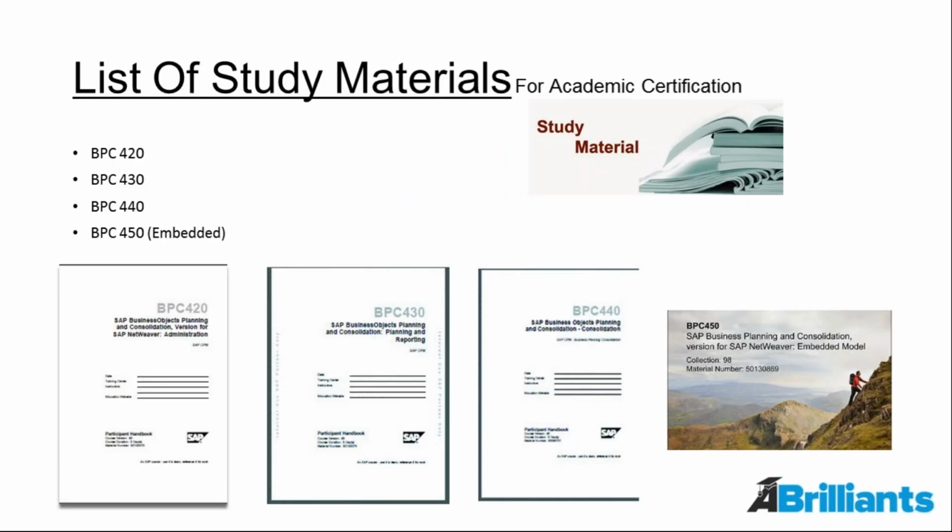So coming to the next section, that is regarding the study material. So all these training material would be shared with you by the training and support staff, in which they will be providing you BPC 420. It is specifically for planning, and then 430, it's for reporting, and then 440, it's for consolidation.